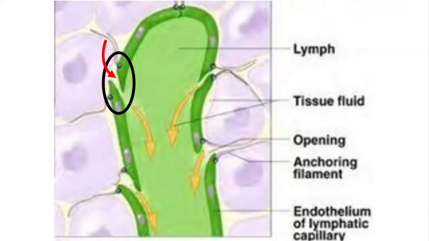And to keep these lymphatics open, we have what is called the anchoring filament, a kind of connective tissue that attaches to the endothelial cell and to the surrounding tissues, so that when pressure inside these tissues increases, these capillaries will not collapse. They will stay open because of these anchoring filaments.